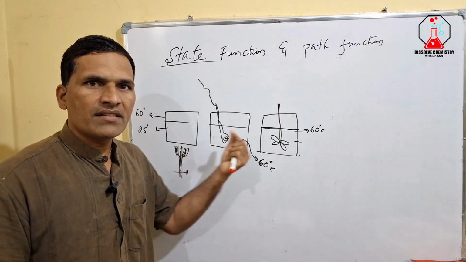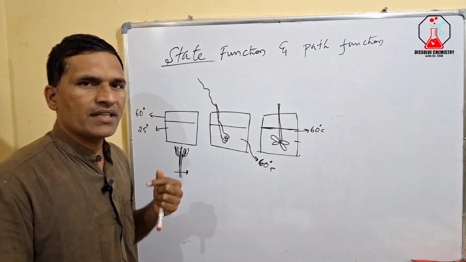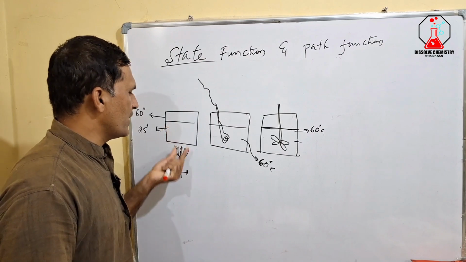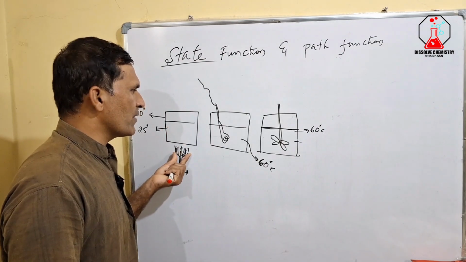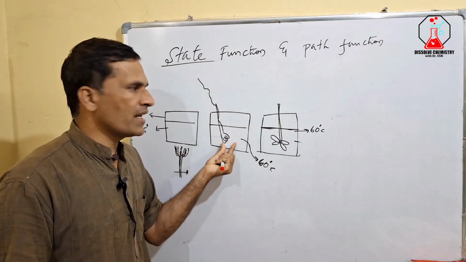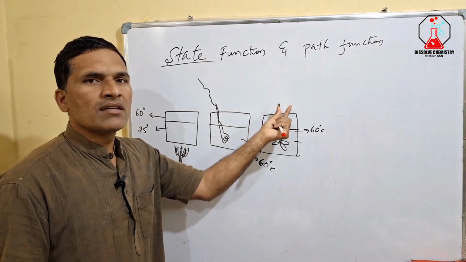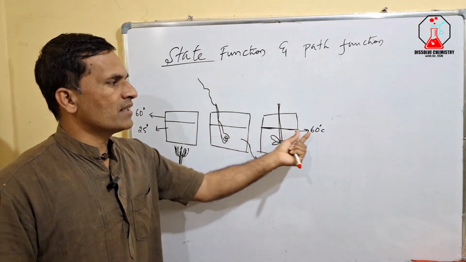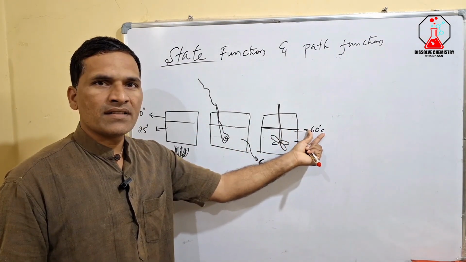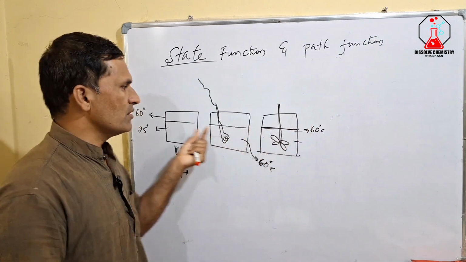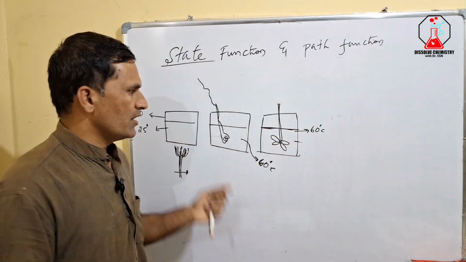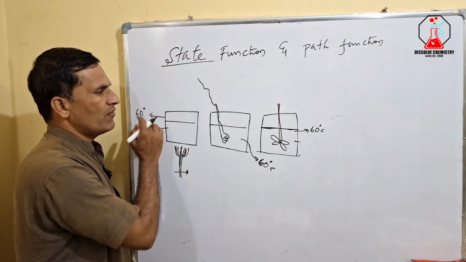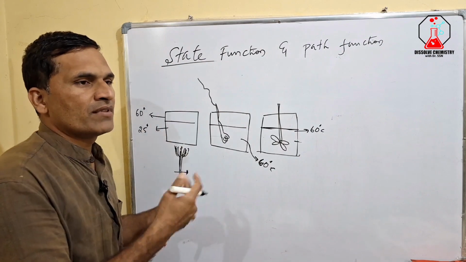Initially it was 25 degrees Celsius in all the containers, and now it has reached 60. So whether you heated the water on the open flame, immersed an electric heater, or churned with a stirrer, the temperature goes to 60 degrees Celsius. It won't depend upon the way you have brought this change. It only depends upon the initial and the final value, irrespective of the way.